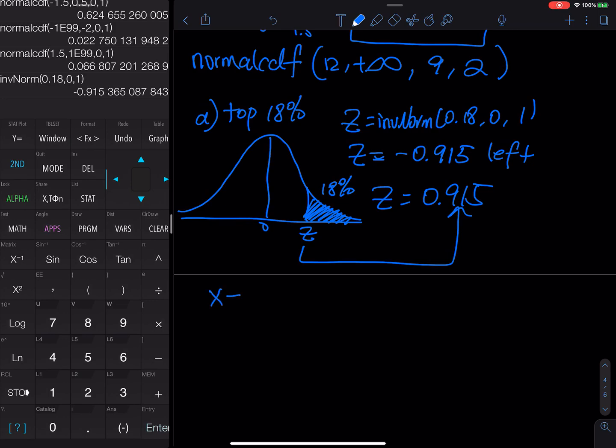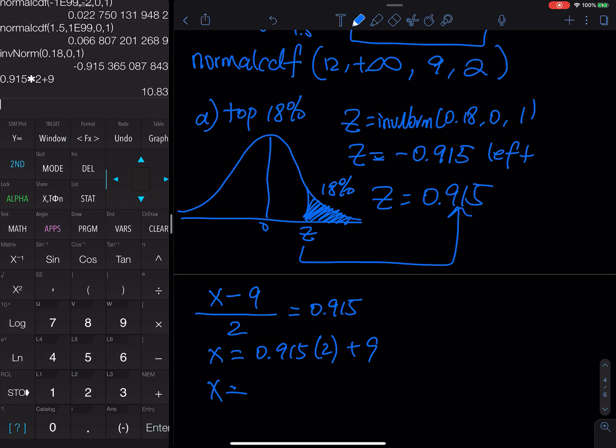So x minus 9 divided by 2 equals 0.915. So x is equal to 0.915 times 2 plus 9. So let's take a look. 0.915 times 2 plus 9 is equal to 10.83.